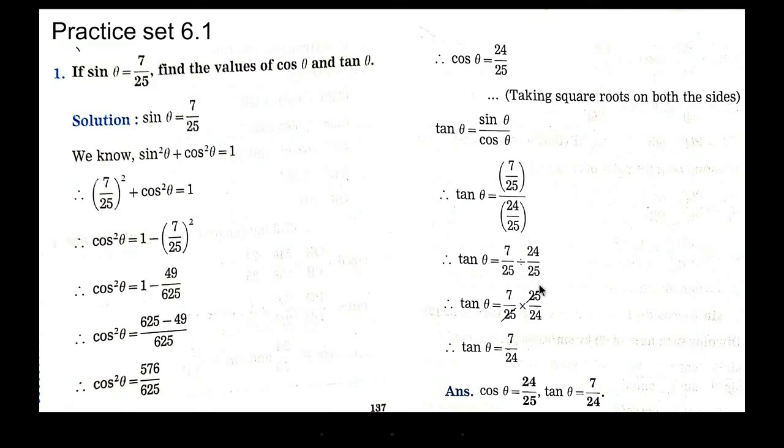And dividing any number means multiplying by its reciprocal. So 7 upon 25 multiplied by the reciprocal of 24 upon 25, which is 25 upon 24. So we reduce 25. So tan theta is equal to 7 upon 24. So cos theta is 24 upon 25 and tan theta is 7 upon 24.